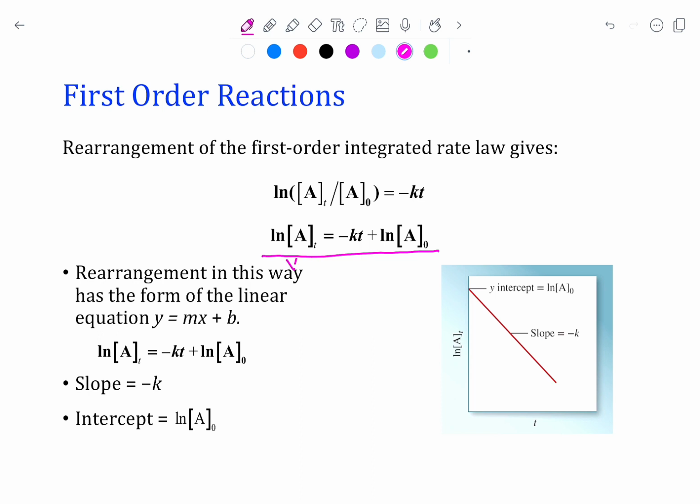y equals mx plus b, where k is m, our x-axis is our time, our y-axis is our concentration, and our b, our initial concentration, is where we are going to start, or where we cross that time axis. So slope is negative k, and our intercept is natural log of A at our initial time.